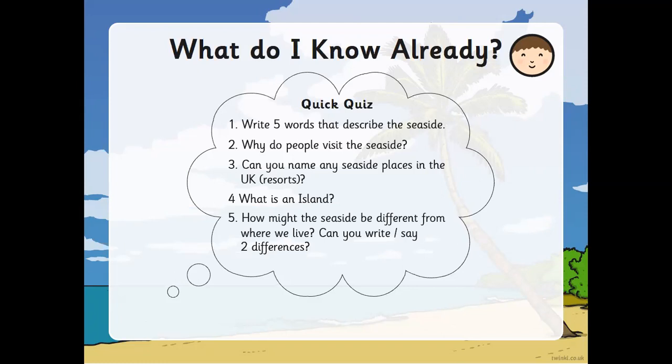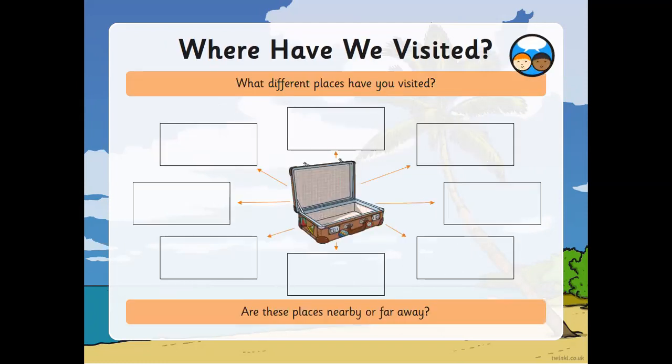Okay. Once you've done that, I want you to think about the different places that you have visited. You can draw a picture of a suitcase, just like this one, or you can just write places I have visited and then draw some arrows coming out of your picture or your words.